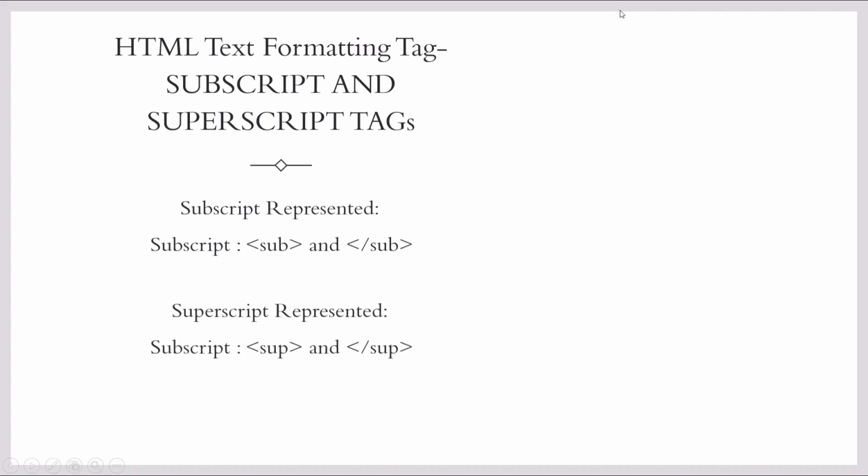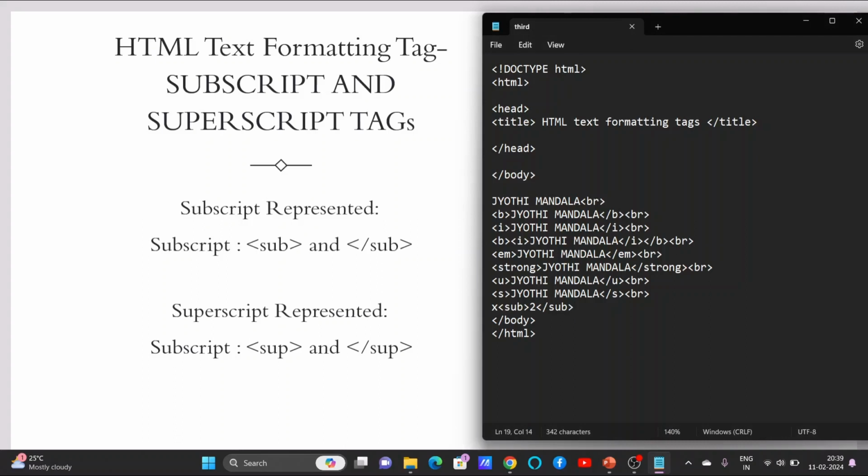Next is the superscript. Superscript is represented with the SUP opening and closing tag. Superscript text appears half a character above the normal line. For example, if you want to display a to the power of 2, we need to use the SUP tag. Let's see how it will work.